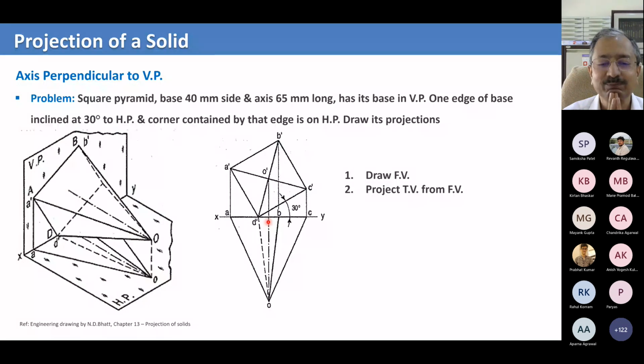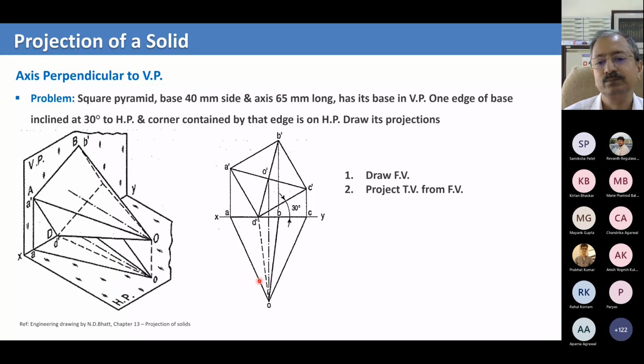Should we take votes? Think carefully. Remember, the base is on the vertical plane, which means the base actually collapses. If you see it in the profile view, or even in the top view, the base. This is your front view, right? What you're seeing is a front view.